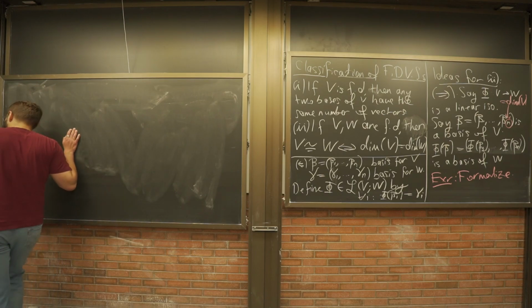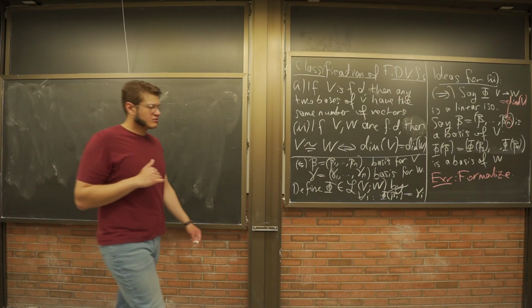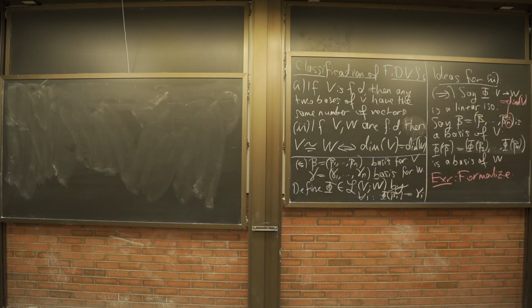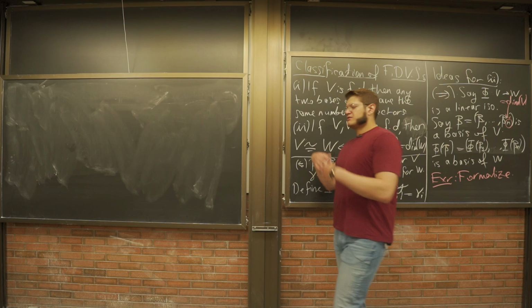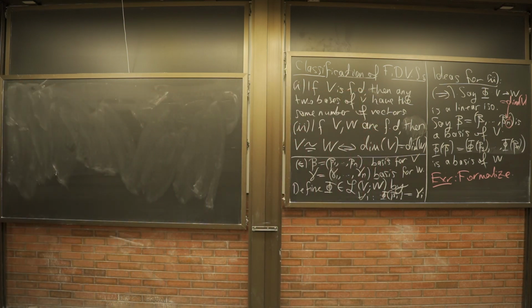So the other theorem that we had mentioned was the fundamental theorem of linear algebra, in other words, the rank-nullity theorem. It says that if you have a linear transformation between finite dimensional vector spaces, then the dimension of the input space equals the nullity plus the rank of the transformation.